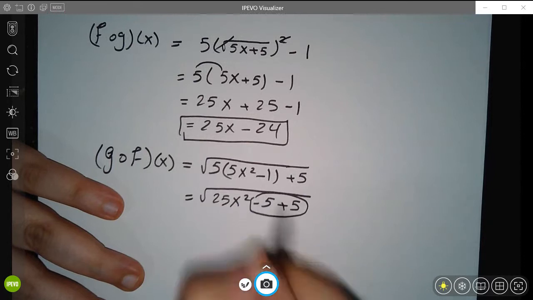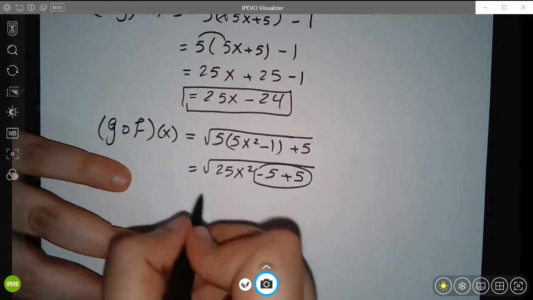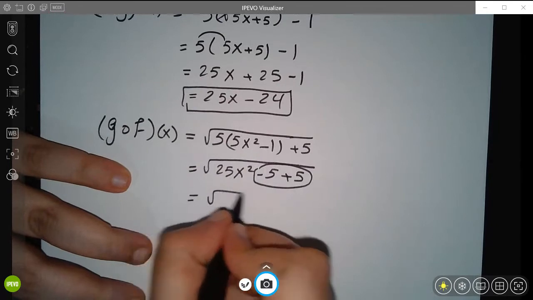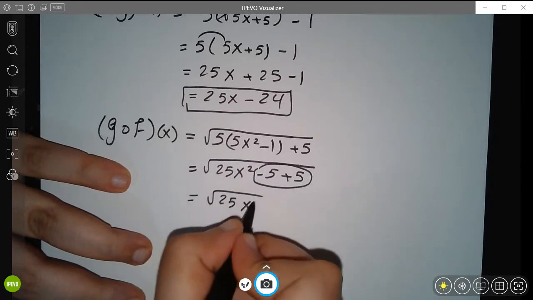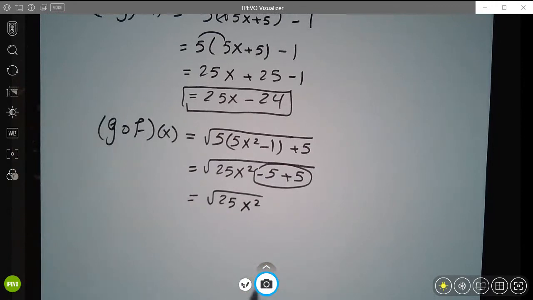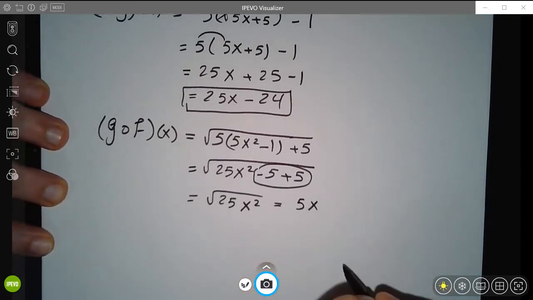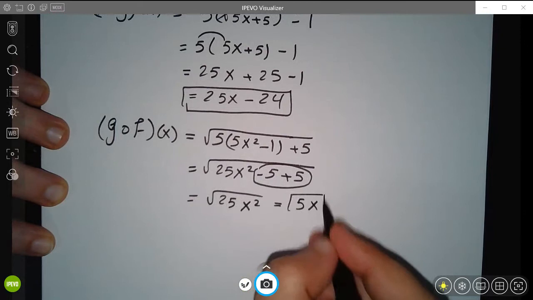These two add up to 0. Negative 5 and positive 5 is 0. So that gives you what? Root of 25x squared. Now this is a value you actually can take a square root of, because 25 is 5 squared, and x squared is obviously being squared. So this equals 5x. That's your answer.